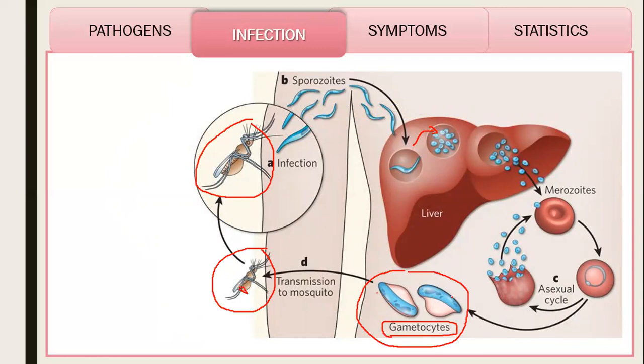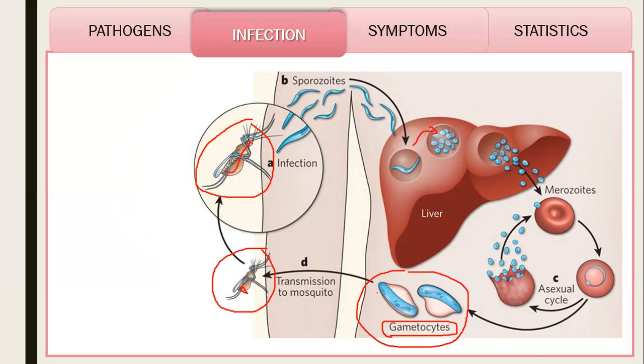sexually, which means that of these gametocytes, one is male and another is female, and they join to each other to form a zygote. The zygote develops and produces plasmodia that we call sporozoites, and these plasmodia go to the mouth part of the mosquito, and they stay in the saliva of the mosquito.